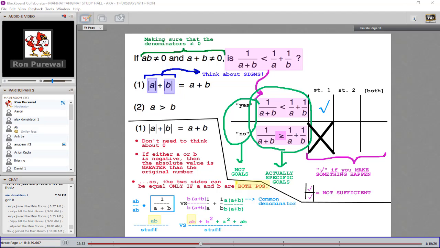So it should be pretty clear, because remember the right-hand side is so much bigger that each of the individual parts were already bigger. So this is definitely smaller, and this is definitely bigger. So there you go. Okay. Any questions about statement one? Statement one is sufficient.